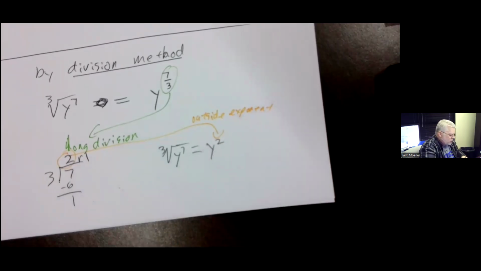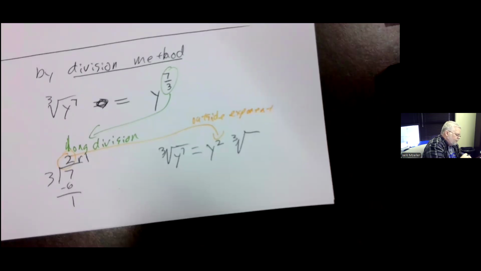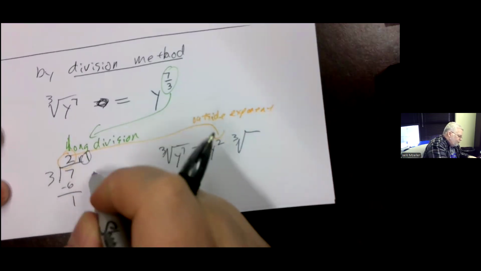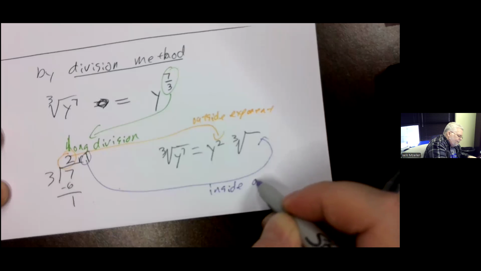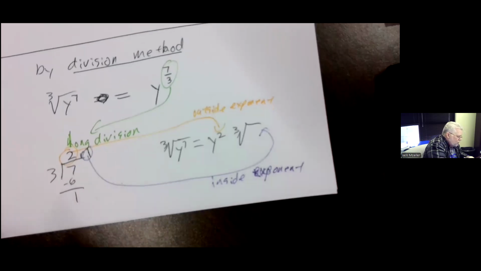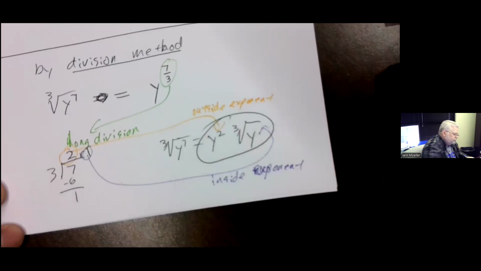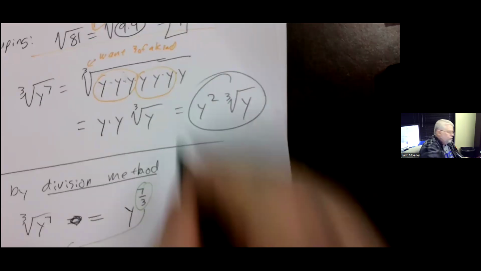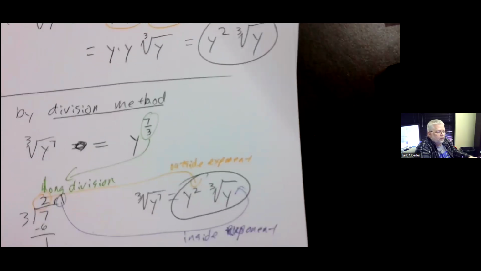And then the remainder is the inside exponent. So inside we have a y to the 1st or just a y. Notice we get the same answer, y squared times the cube root of y.